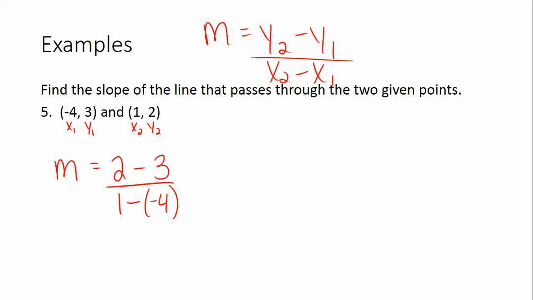Again, the formula has subtraction signs in it, so when one of the numbers is negative, you're subtracting a negative, so that's the same as adding a positive. 2 minus 3 is negative 1. 1 plus 4 is 5, so our answer is negative 1/5. Again, the slope for this line would go in this direction, the negative direction for slope.